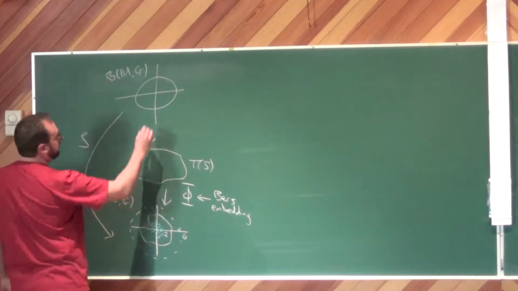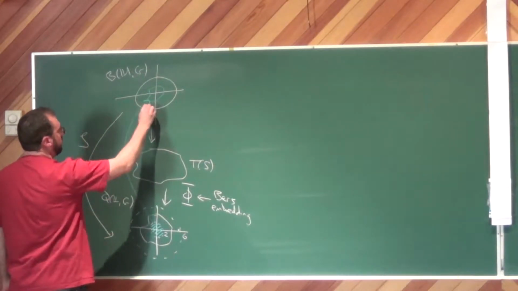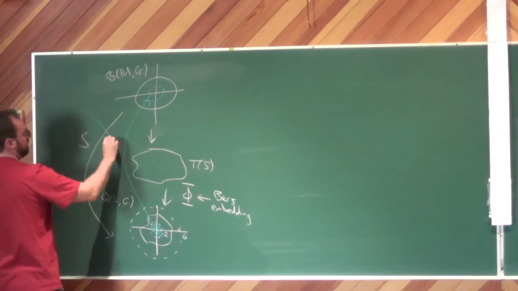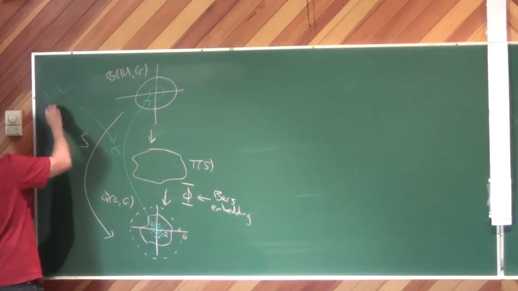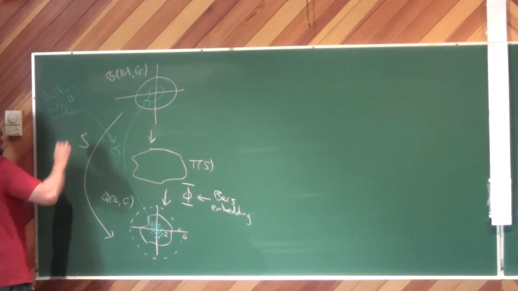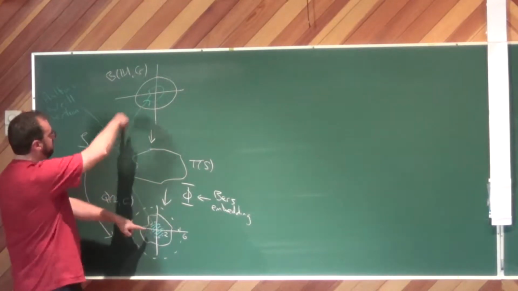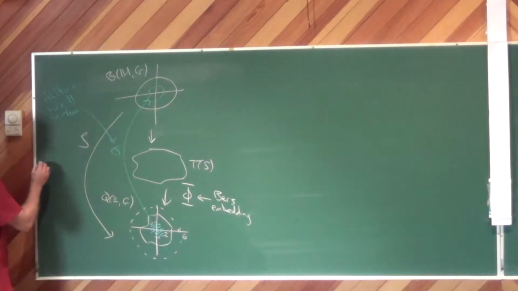So we can find a section which goes back up here. Let's call it sigma. For brevity, I hope you believe me that you can define this thing and it has the properties that we want. So if you go up with sigma and then come back down by the Schwarzian derivative map, you get the identity.